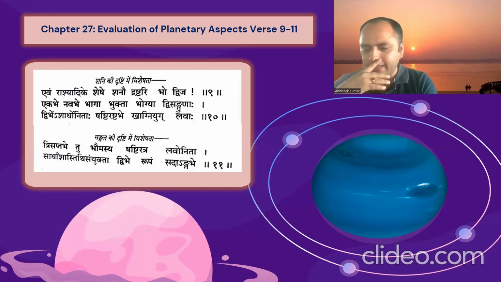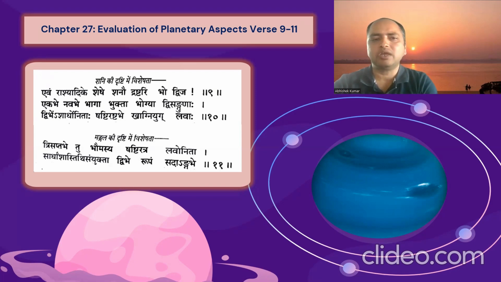Throughout this chapter and the next chapter, where we are talking about planetary aspect and strength in the house, the Virupa has been used frequently. Someone calls it Kala also, another name. And 60 Virupa or Kala make one rupa. So this is a system.